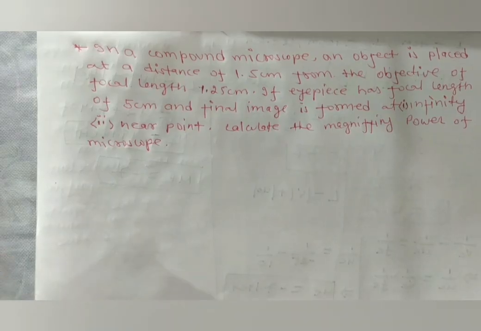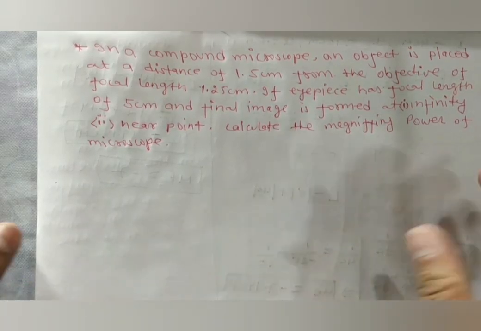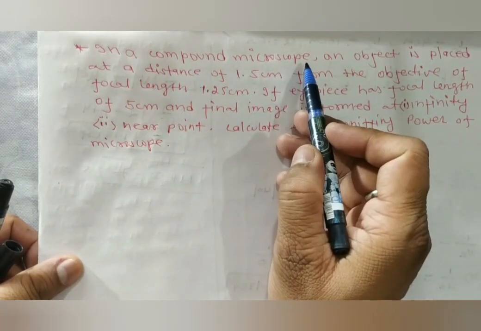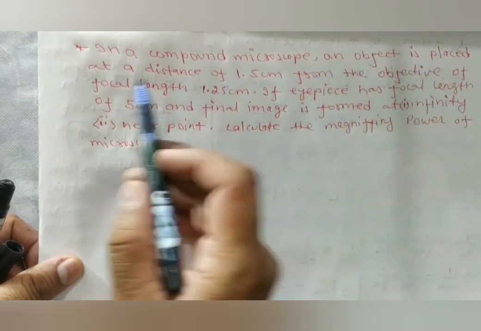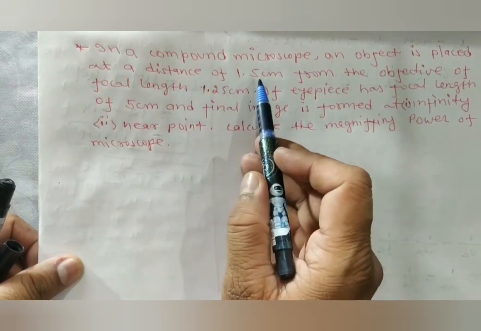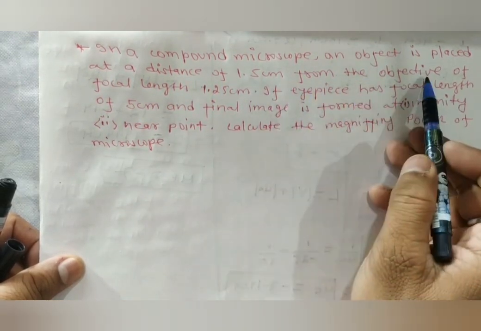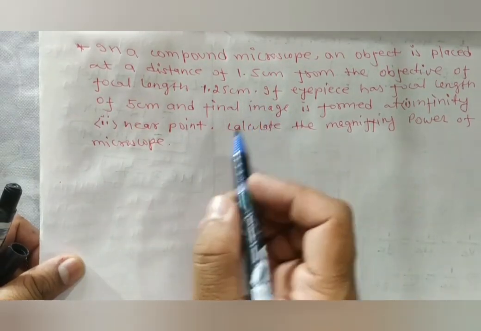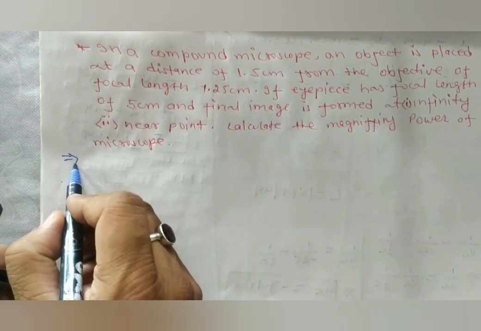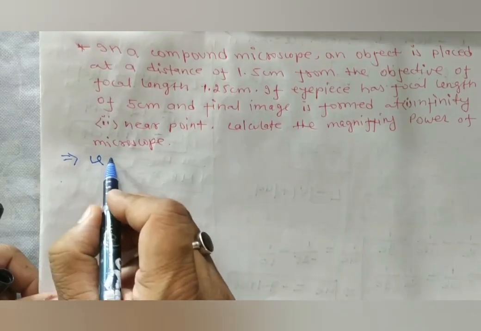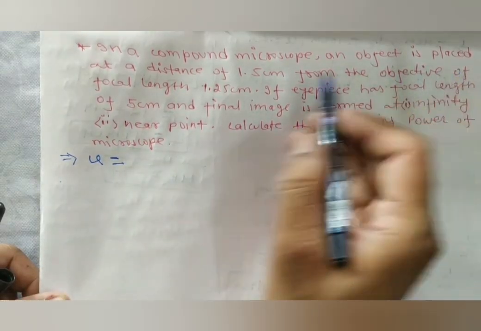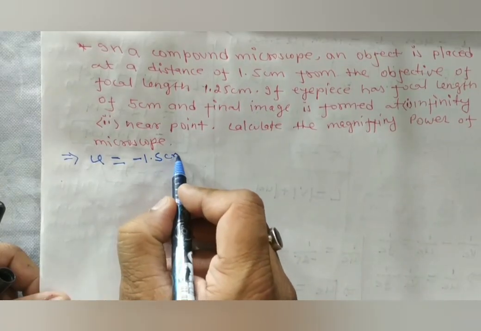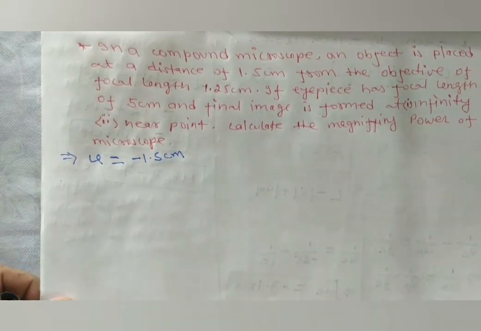Now discuss the next question. In a compound microscope, an object is placed at a distance of 1.5 centimeter from the objective of focal length 1.25 centimeter. That means U is given and it is minus 1.5 centimeter.